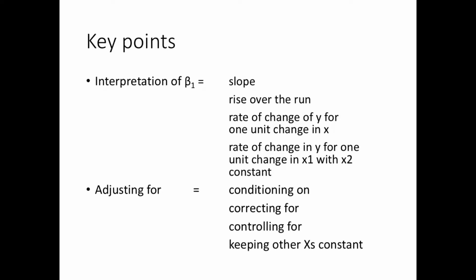Adjusting for is the same as conditioning on, or correcting for, or controlling for, or keeping the other x's constant. So when all the other x's do not change and there is only change in one of the variables, and we try and calculate what is the change in the outcome variable with every unit change in x1, then we call it a linear regression, or that is what we are trying to find by determining the slope, or the beta 1.